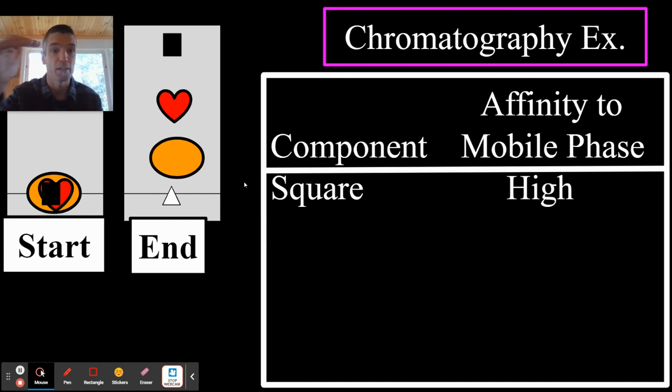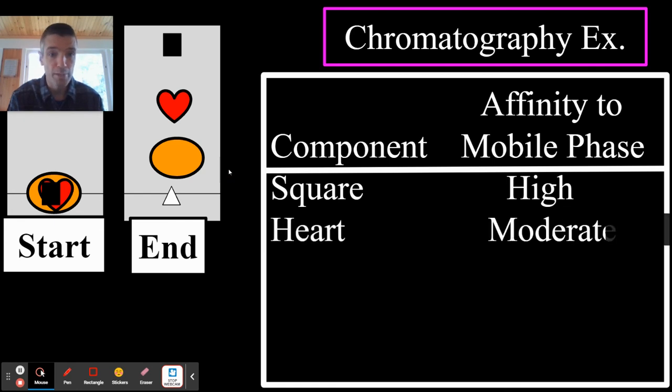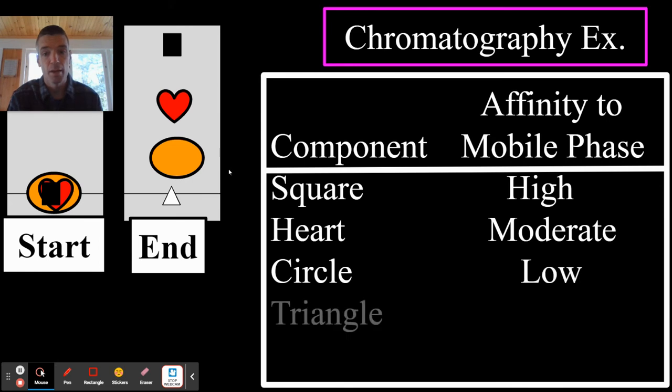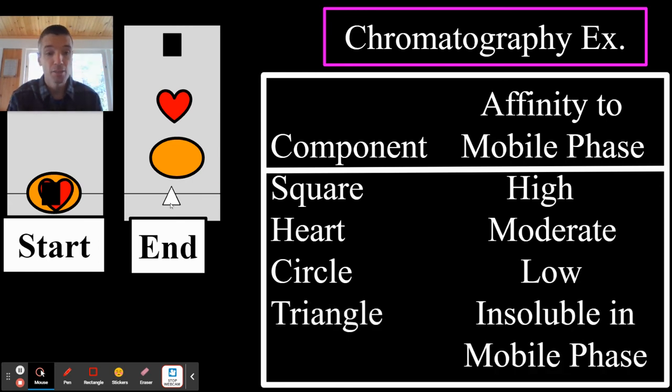It traveled the furthest up on the column. This is modeling a paper chromatography. Typically, liquid chromatography runs down, whereas the heart has got a moderate affinity, and so on and so forth. And the triangle, which was buried beneath this, you could say is basically insoluble in this mobile phase because it didn't move at all.